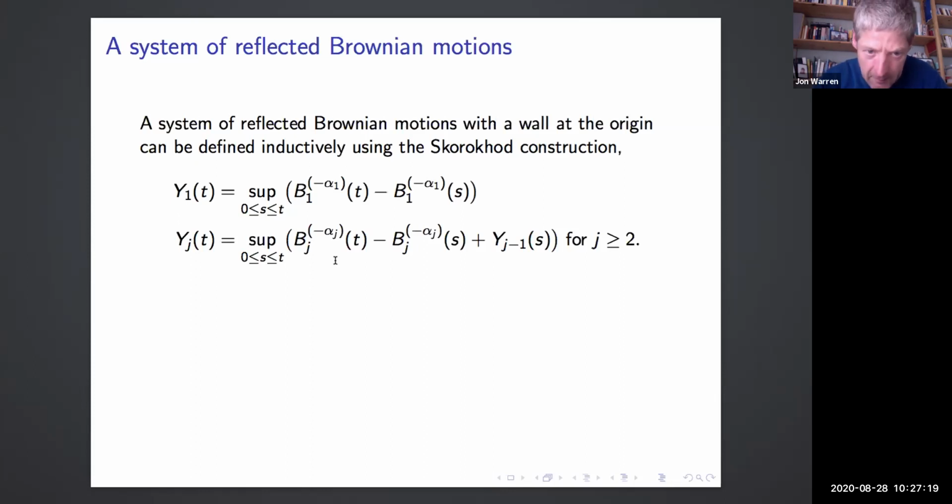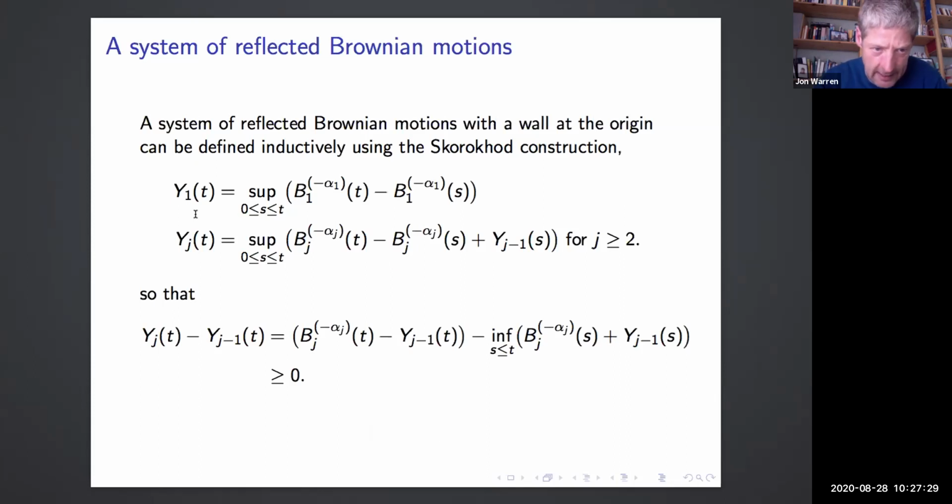Each is driven by a new independent Brownian motion with drift, but there's also the previous y appearing in the formula. And let me just rearrange things slightly. If you look at the difference, yj minus yj-1, so you need to take this formula here and put yj-1 of t into it and rearrange it, then you can make it look like what we were looking at in the previous slide.